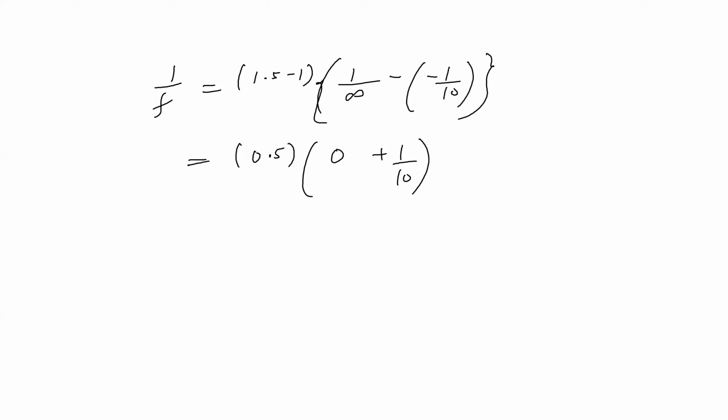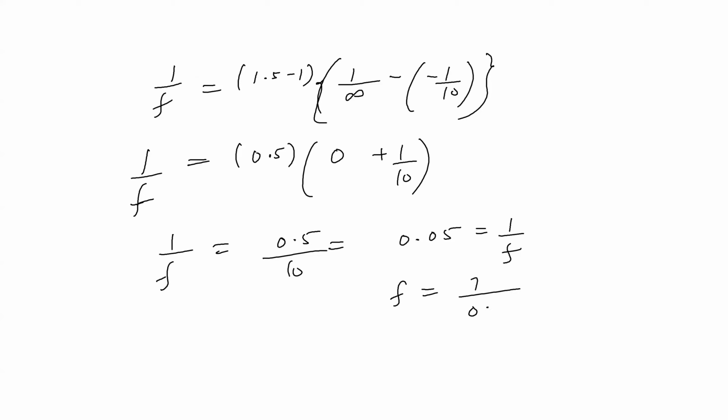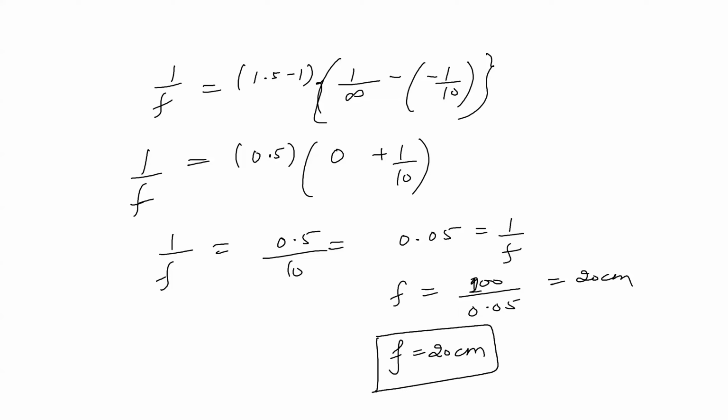So 1 by focal length is 0.5 by 10, which is 0.05. Focal length becomes 1 by 0.05. You put 100 here, it becomes 20 centimeters. So my focal length here is equal to 20 centimeters. Got it?